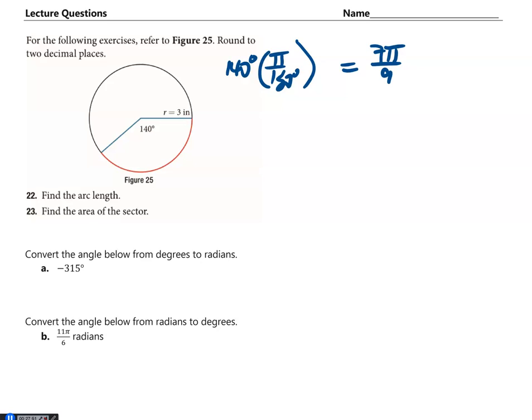And find the arc length, number 22. Remember that S is equal to the radius times the angle. The radius is 3 times 7 pi over 9, and 3 over 9 is one third, so that is 7 pi over 3 inches.